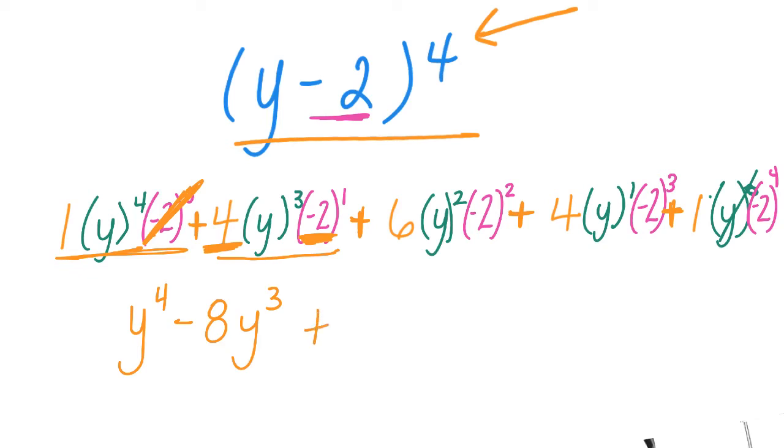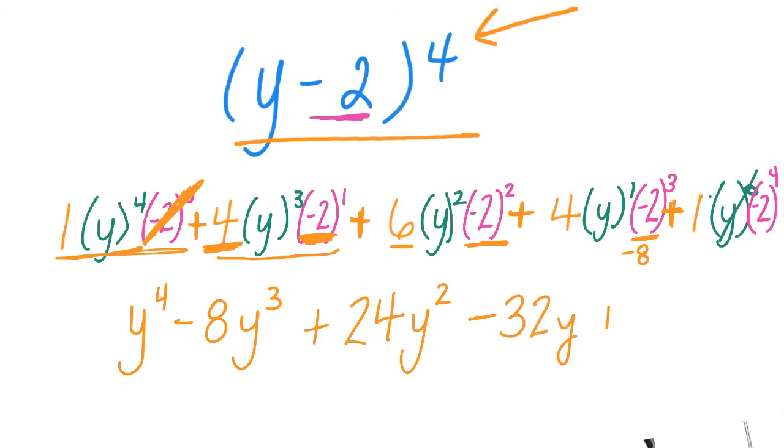The third term, well, I know this is 4. 4 times 6 is 24, and I get y squared. The next term, I know this is negative 8. Negative 8 times 4 is negative 32y. And my last term, 2 to the 4th power, is 16.